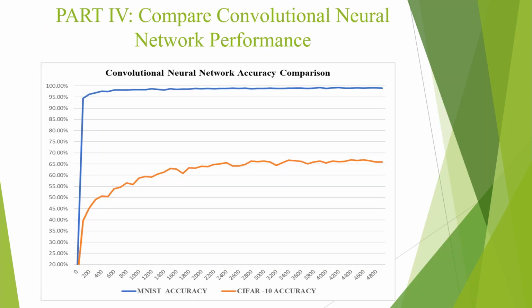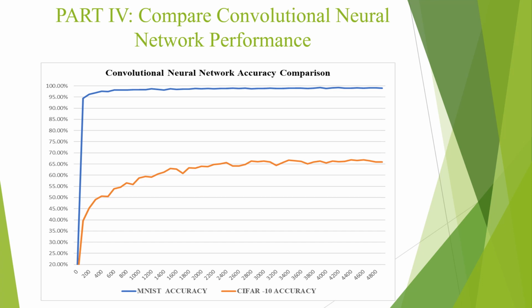Here in part 4 is where we compare the convolutional neural network performance, the accuracy of the MNIST data set with the CIFAR-10 data set.